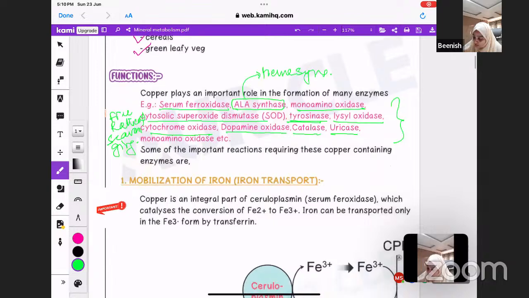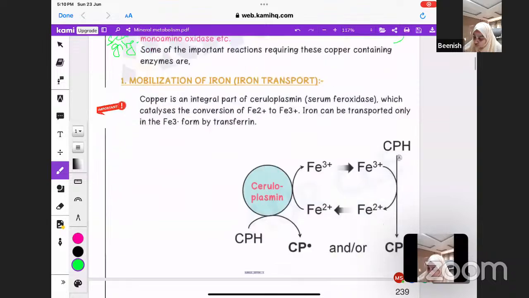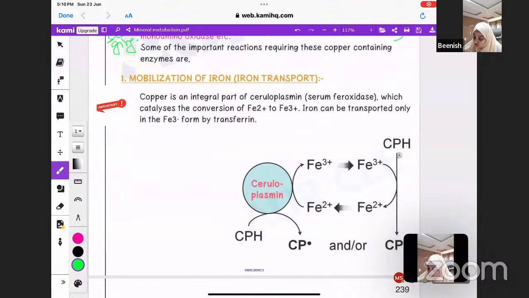So having a look at the reactions in which copper is required. Firstly, talking about mobilization of iron or iron transport. Ceruloplasmin is what? It is your serum ferroxidase. Ceruloplasmin is synthesized in the liver, and it contains 6 atoms of copper in its structure.